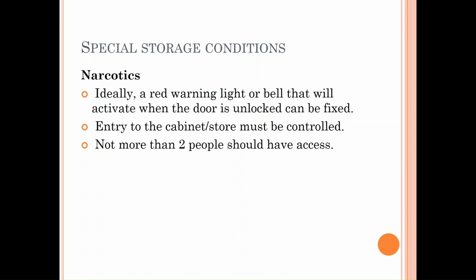So in case somebody enters the room that has narcotics without your permission, there should be an indication or a signal sent to the person maintaining the store that somebody has accessed the room for narcotics, and that can be a bell or a red warning light.